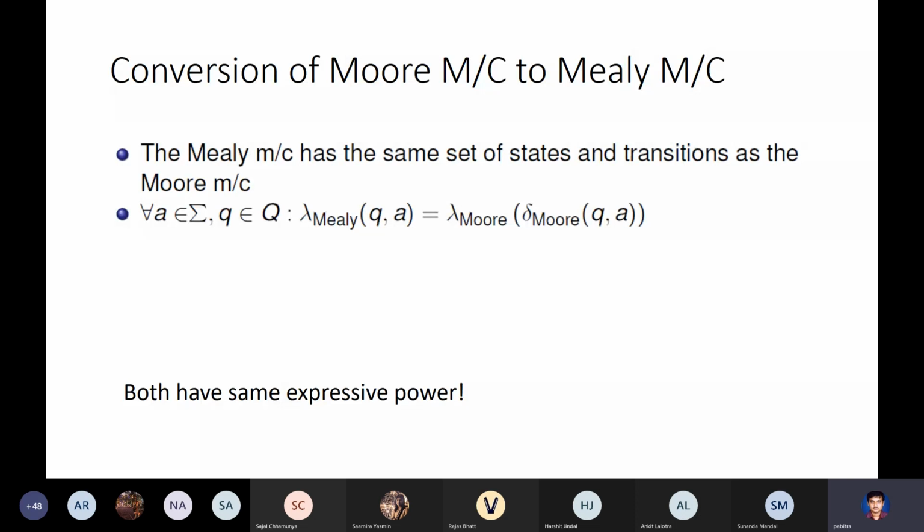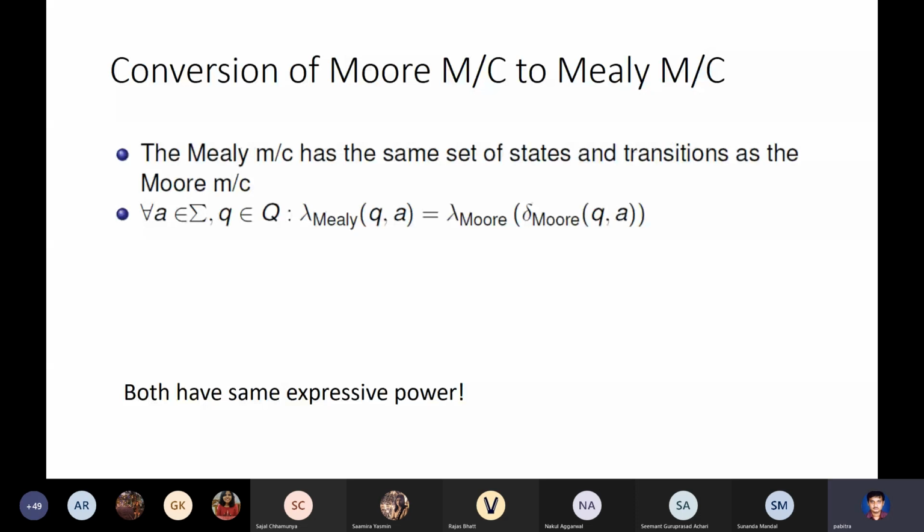As I said before, neither is more powerful than the other, but the number of states that you need in a Moore machine is usually more than what you need in a Mealy machine. On the other hand, the logic you need to implement a Mealy machine is often more complex than the logic you need to implement a Moore machine. Depending on how much memory or how much circuit you can use, you choose one of them.